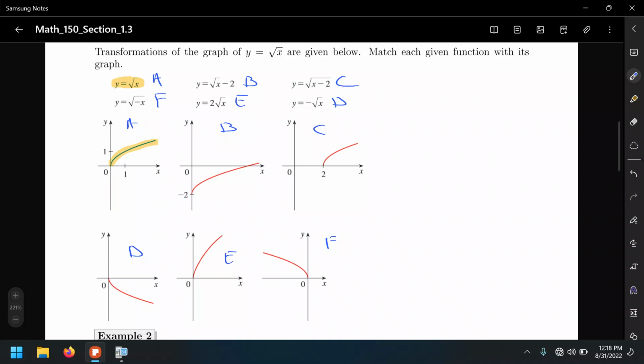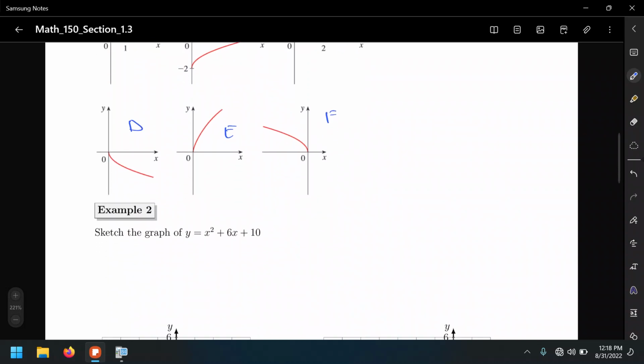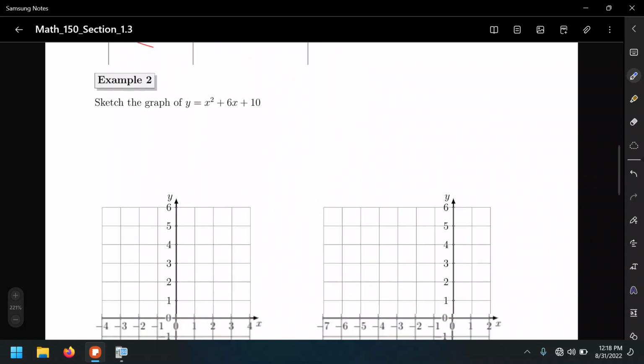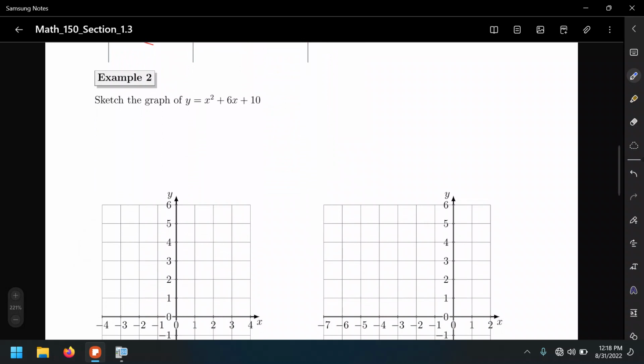Let's see what else do we have. When it comes to transformations, sometimes we will be given a function, in the very particular case, quadratic functions. So what do we have here? Number one, y equals x squared plus 6x plus 10. Before learning about transformations, you first learned about graphing functions by plotting points, right? By having a table of values of x's to find the values of y.